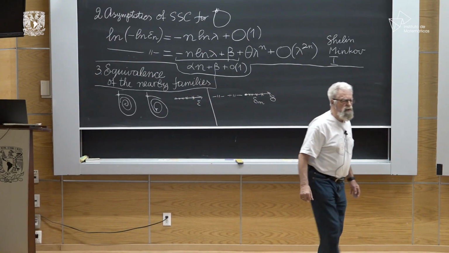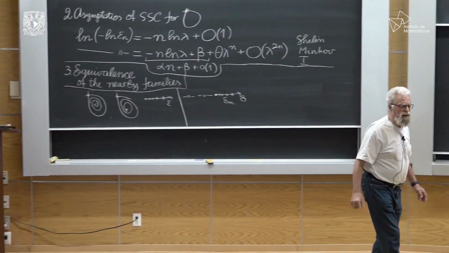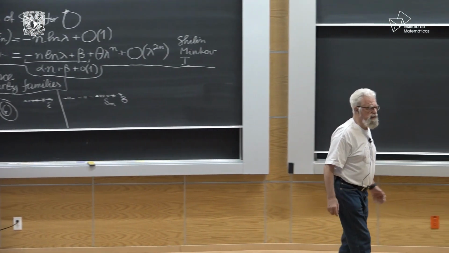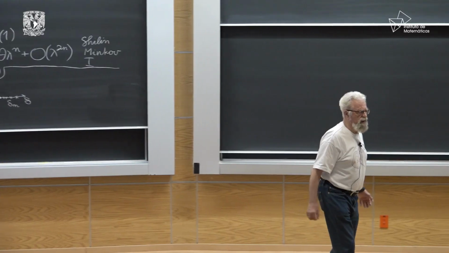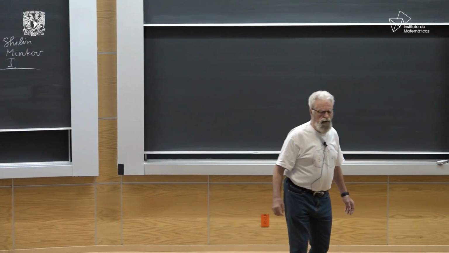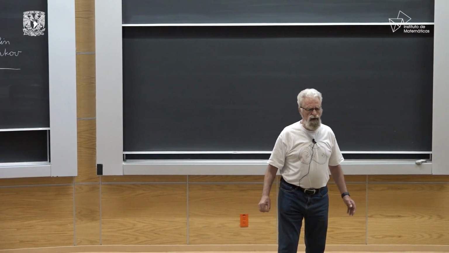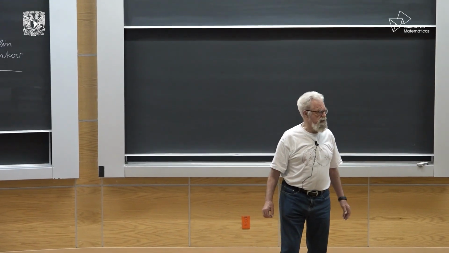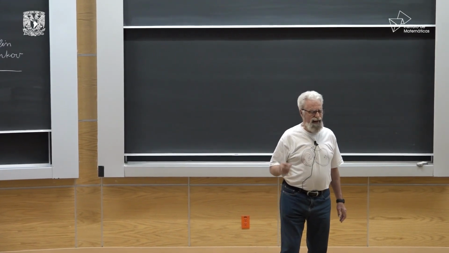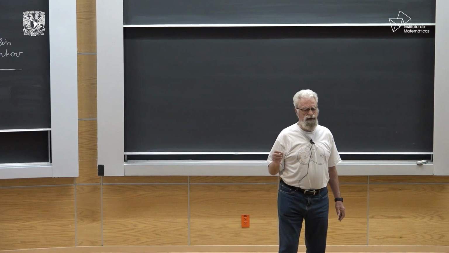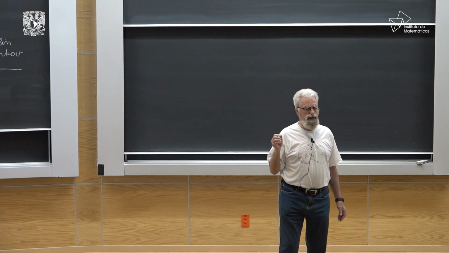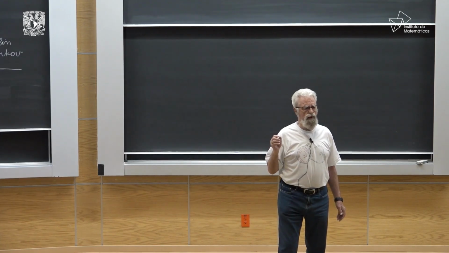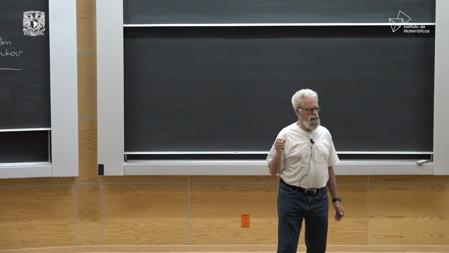And you want to say that they are, in a sense, similar, equivalent. And for that, you will make the following construction. For any vector field of the first family, you will find a vector field of the second family with the homeomorphic phase portrait.